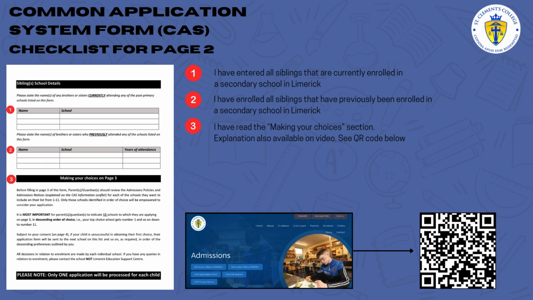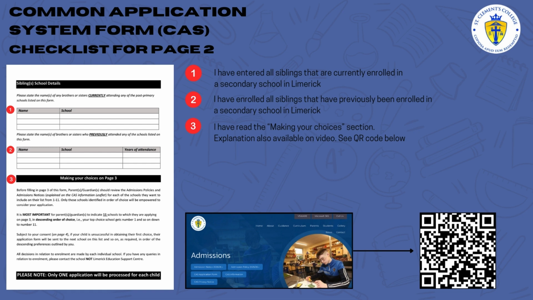Part 3, Making Your Choices, gives you more information on how to make your choices in the application form. It notes that you should review the admissions policy and admissions notices for each school, which are normally available on the school website, and also notes that you should indicate 11 schools in order of preference, i.e. that the top school is number 1, the second school is number 2, and that goes all the way to number 11.